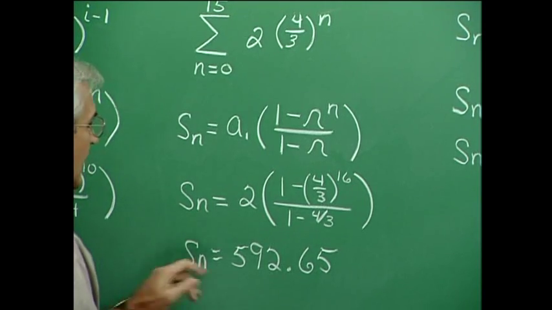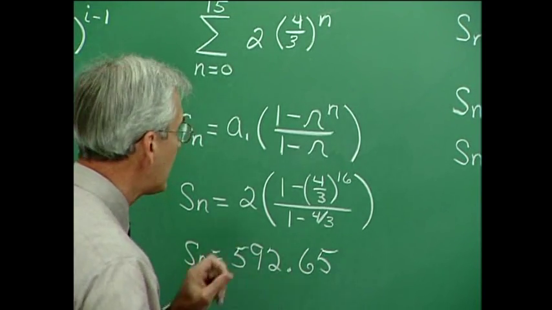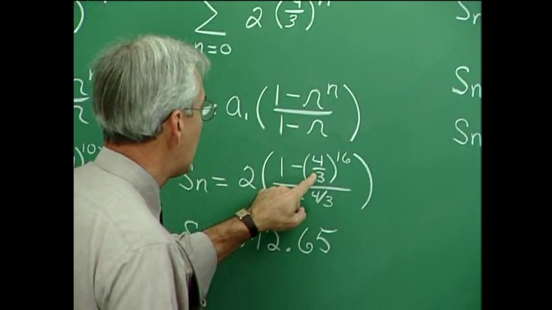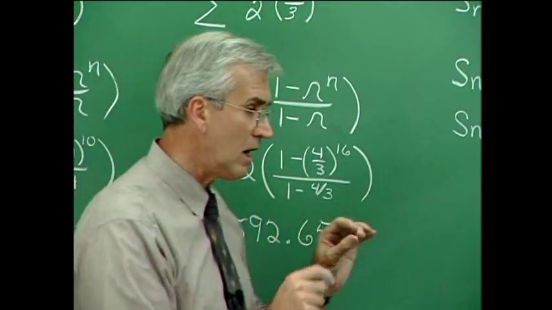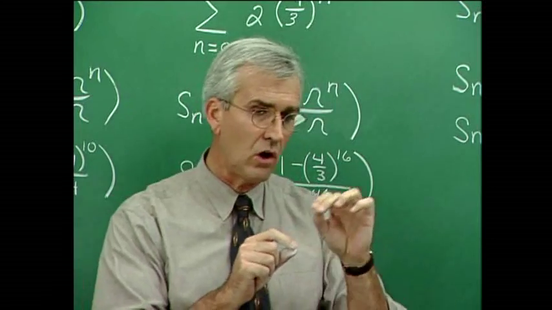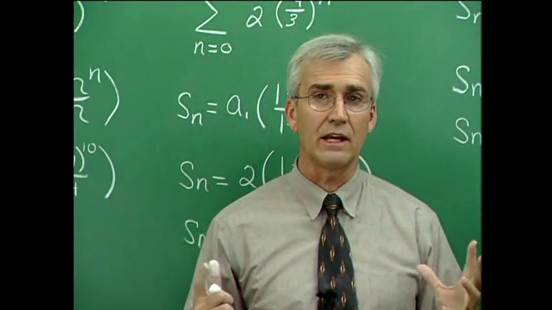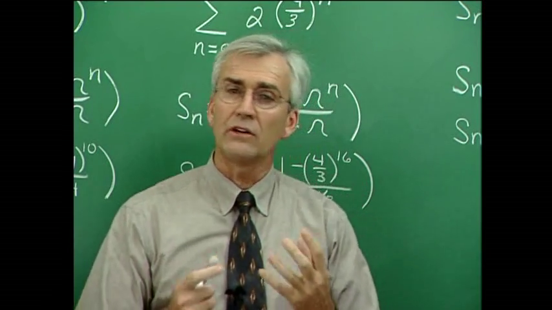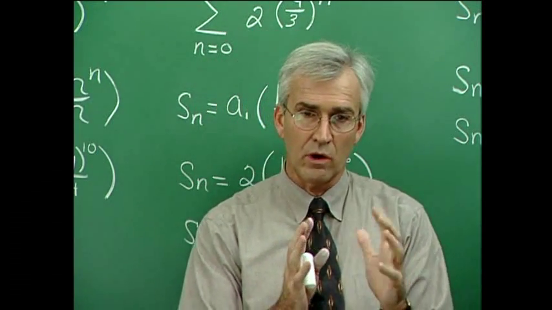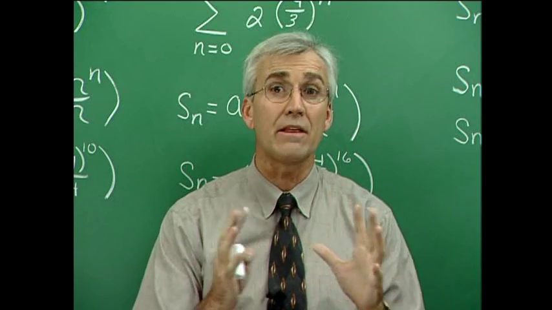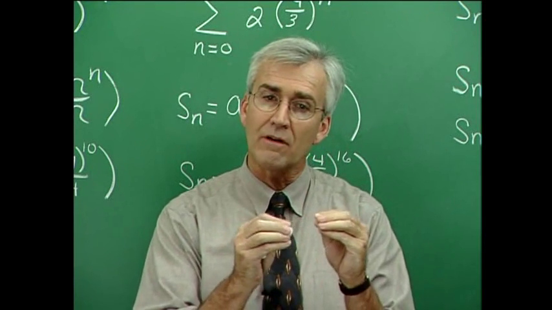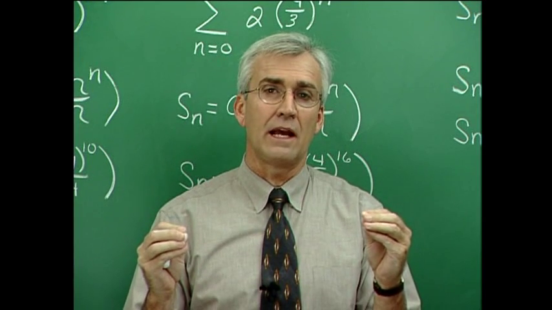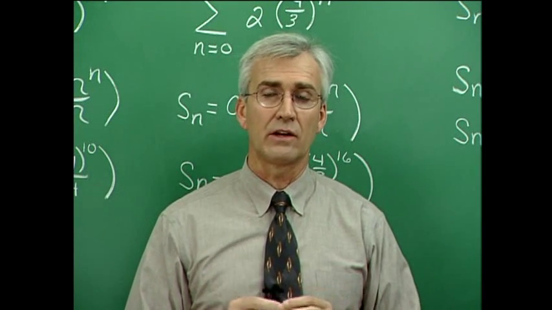Now, this is a large value mainly because the common ratio is a number larger than 1. And really, any time that common ratio is larger than 1 and you're adding a lot of things, then the number tends to be pretty large. Now, let's talk about the notion that we're adding many things. We want that number of items to be added to approach infinity, and to be infinity here in our next example.